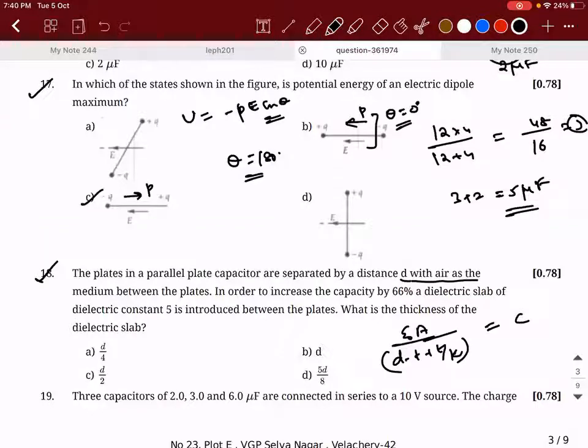So what should be the new capacitance? In order to increase the capacity by 66%, what is the value of C dash?